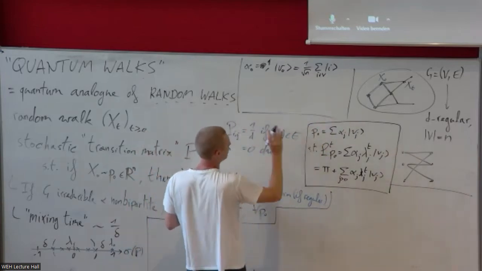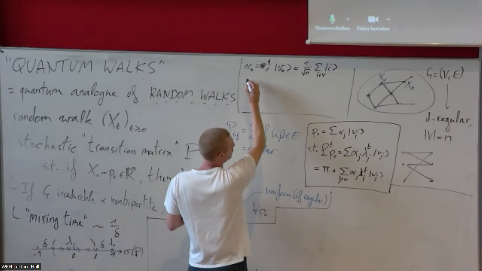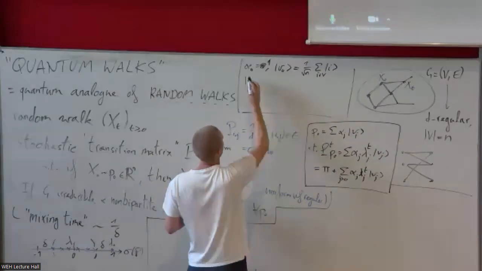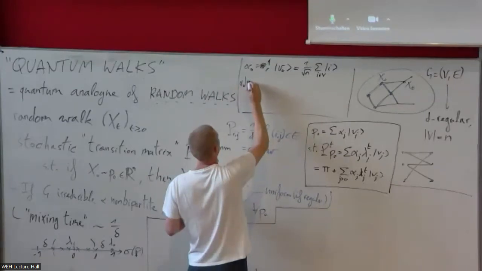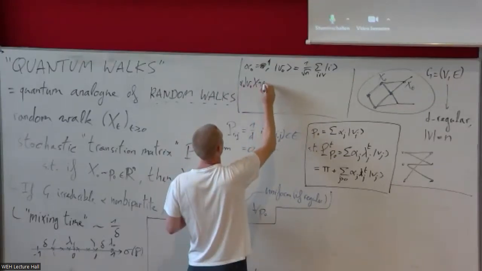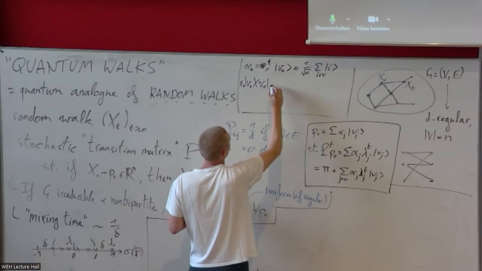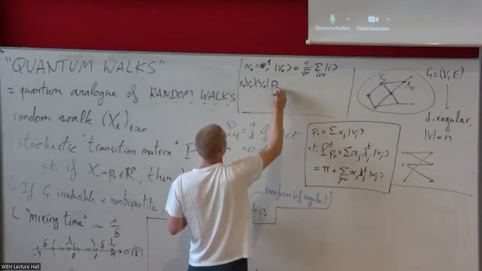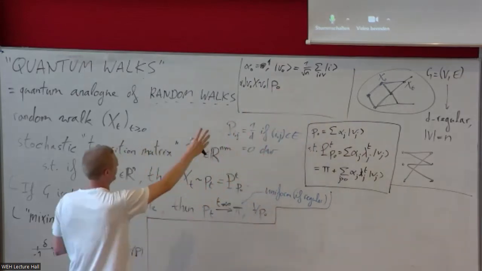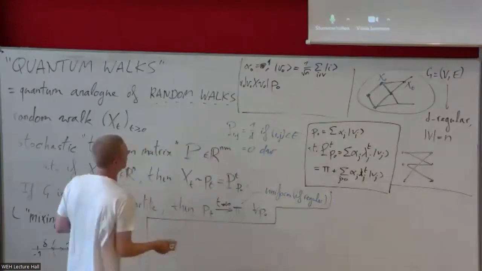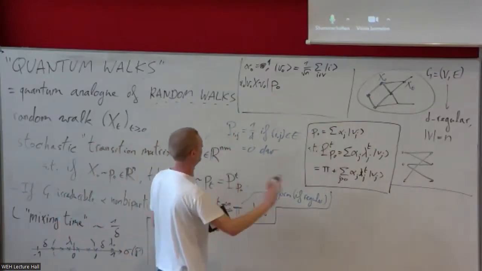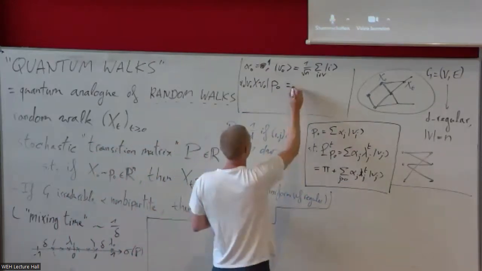What you can show, it's 2 lines, so maybe it's a nice exercise, is that in the spectral decomposition, if you have something like alpha 0, V0, V0, the projector, and you apply that to some initial distribution P0, I know this is blasphemy, right? There's a probability vector here and a ket and so on, but let's just do that.